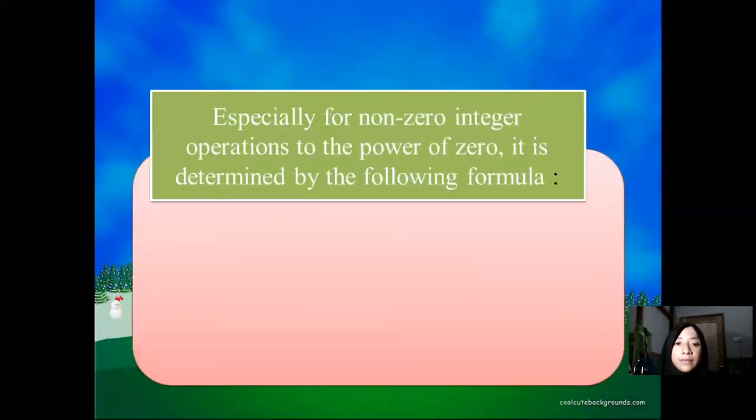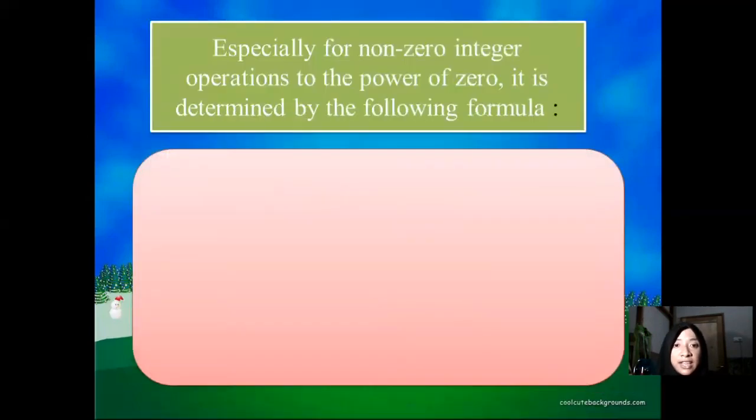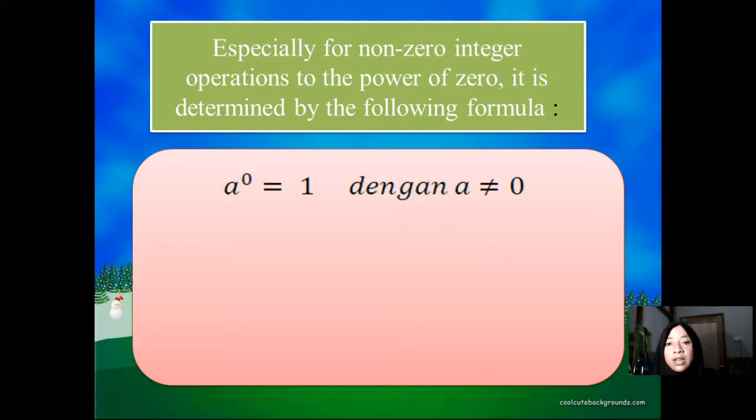Especially for a non-zero integer, the operation to the power of 0 is determined by the following formula. a to the power of 0 equals 1, with a not equal to 0.